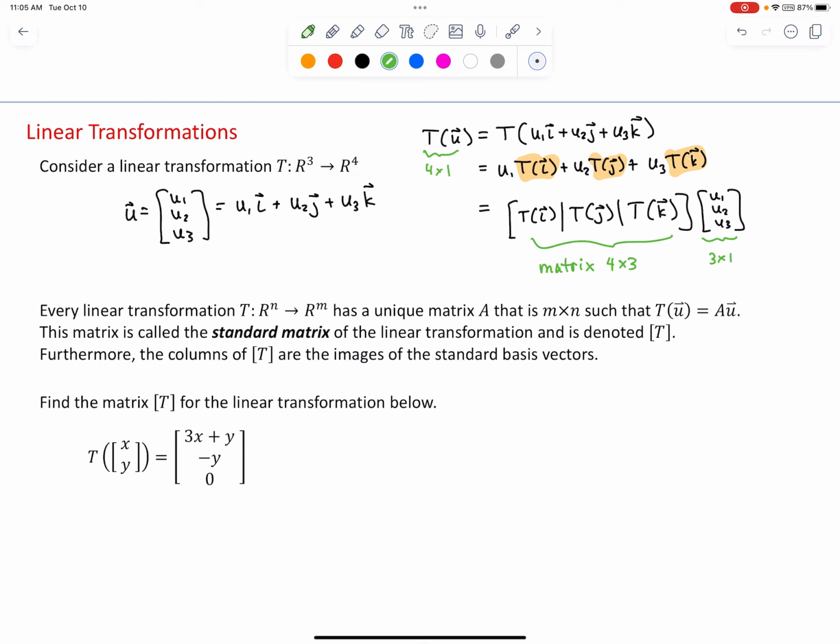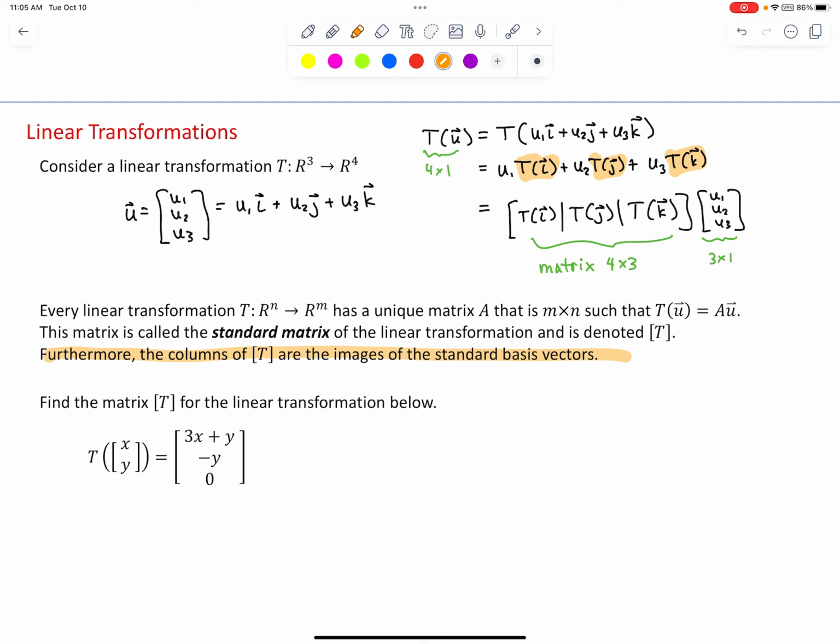Now this matrix is called the standard matrix of the linear transformation, and it is denoted by putting the transformation symbol T in square brackets. Furthermore, the columns of the standard matrix are the images of the standard basis vectors. This sentence is very important and very helpful, which we're going to use multiple times.